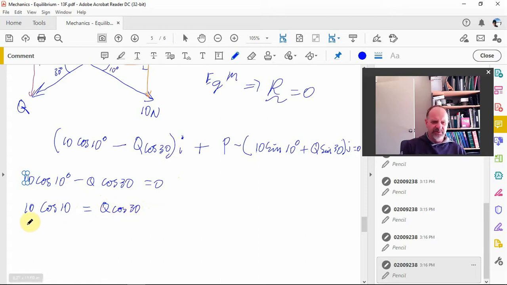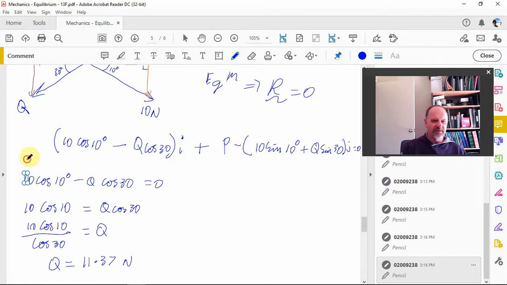And then divide by cos 30, so I've got 10 cos 10 over cos 30 equals Q. Then we can get our calculator out, and when you do that you find that Q is 11.37 Newton.